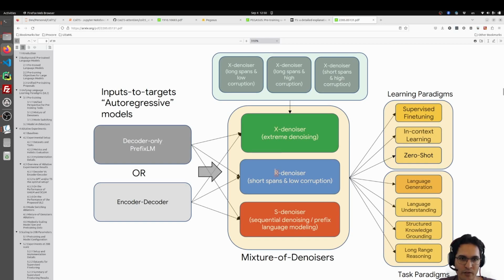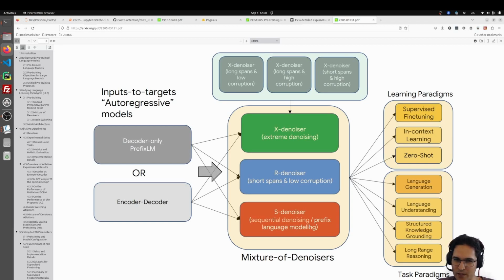Like in inference time, when I know that a very long sequence of the input is corrupted, I can say bracket S. So it's like sequential denoising. So the model somehow gets some hint about how it's gonna think about that problem.